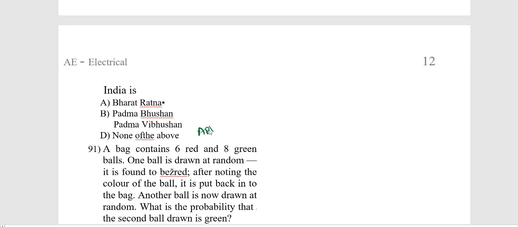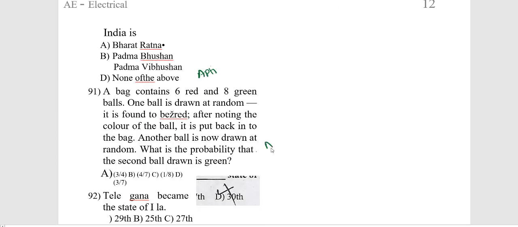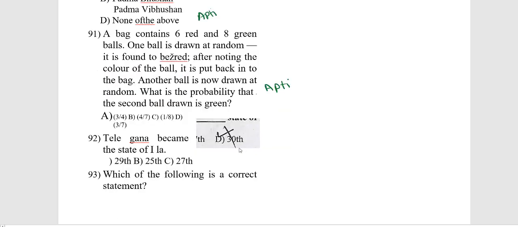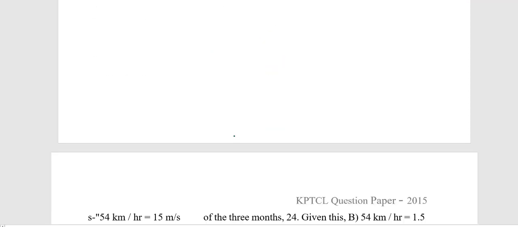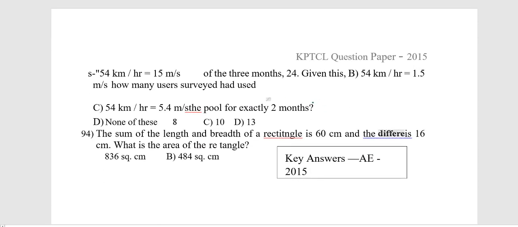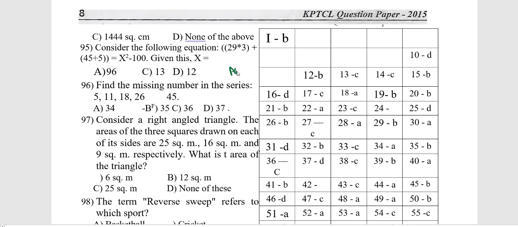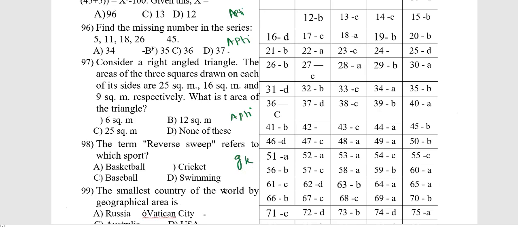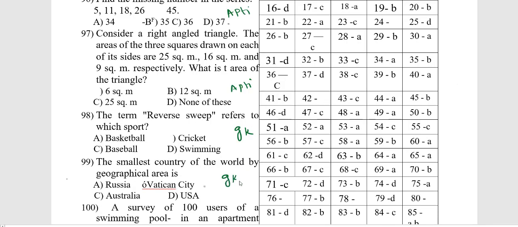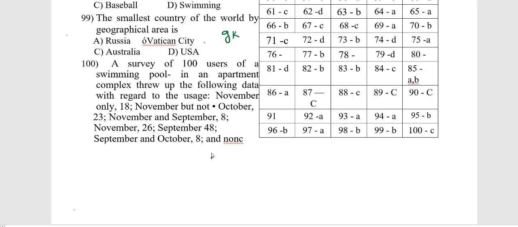And this one also belongs to apti question. Apti, this one is general knowledge. Which of the following statement is correct? Again, this is apti question paper. Again, apti, general knowledge. Again, this is apti.